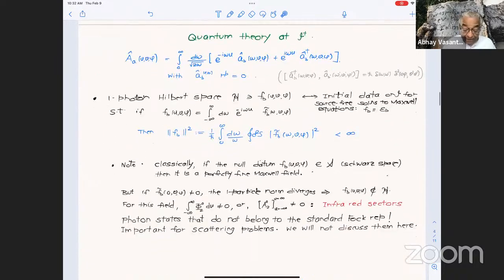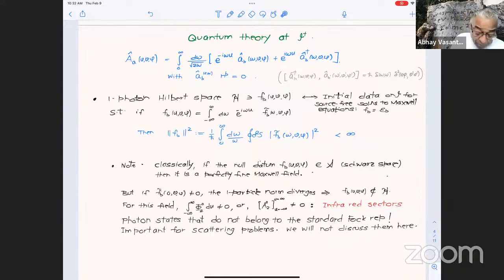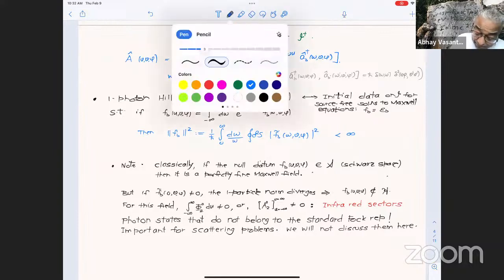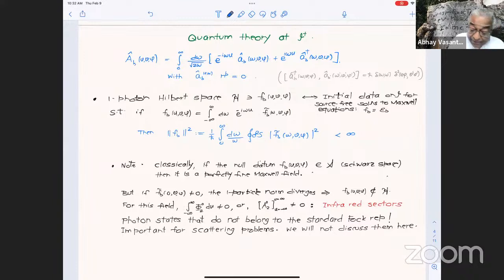What about quantum theory at scri? For quantum theory at scri, we can also define a vector operator corresponding to the vector potential, and decompose it into negative and positive frequency parts. The negative frequency parts are the annihilation operators. The index B up here refers to the two polarization degrees, and I'm taking the Fourier transform only in frequency space.